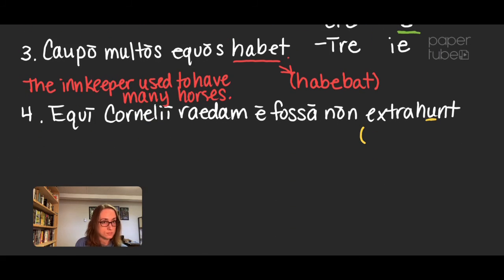So extra, have to keep the H, the UNT is the ending. If it's third conjugation, my chart tells me that it needs an E before the imperfect ending. And then NT is the they ending or the third person plural. So bam, bas, bat, bamus, batis, bant, extrahebant.